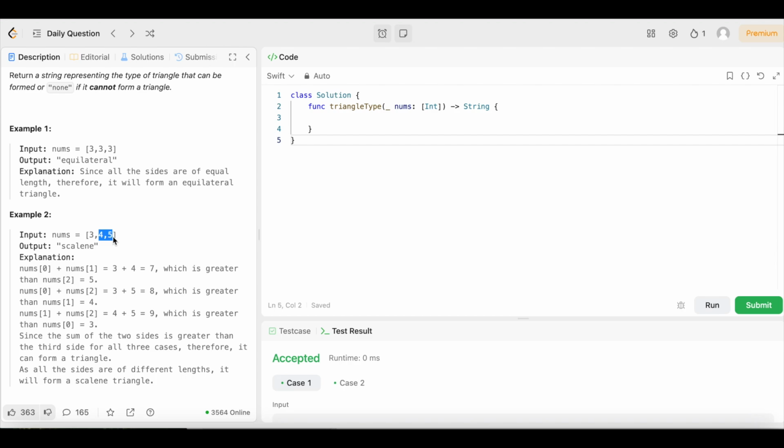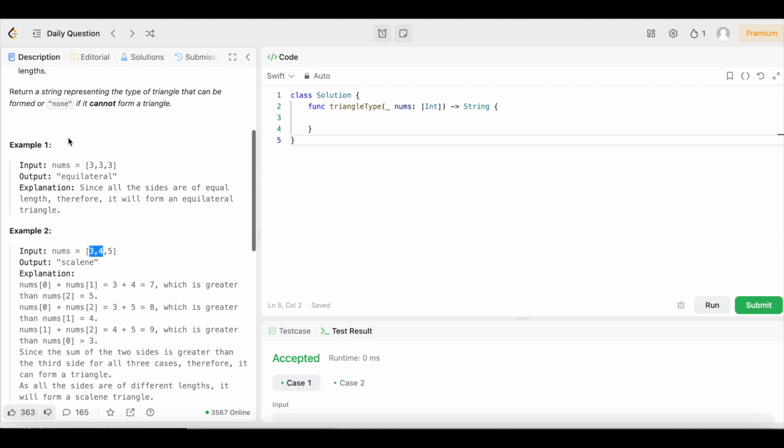If we add 4 and 5 together, that's greater than 3. And if we add 3 and 5 together, that's greater than 4. That's what we need to satisfy the conditions to have a valid triangle. If we add two sides together and it is less than the remaining side, then we know it's not a valid triangle, and in a case like that, we could just return none.